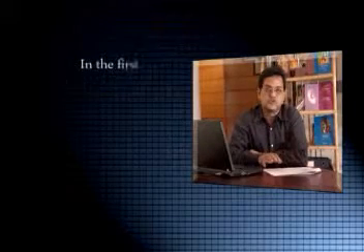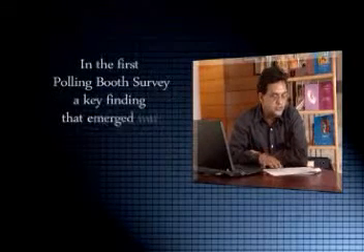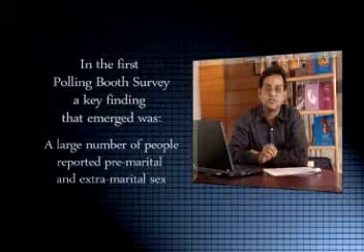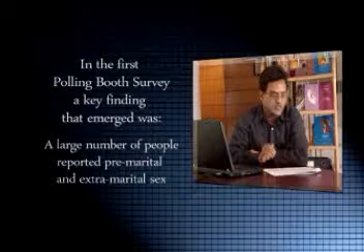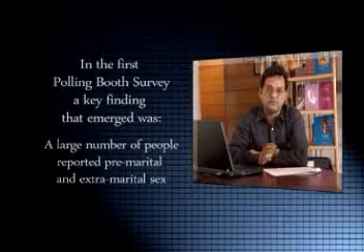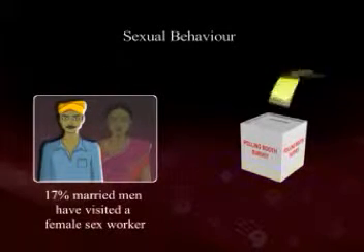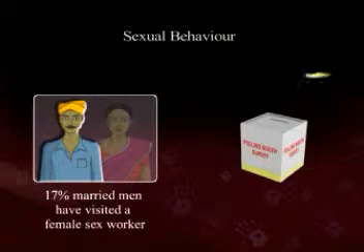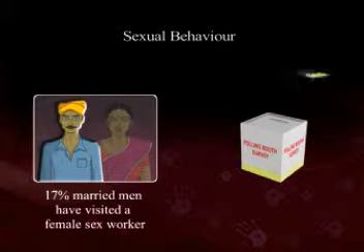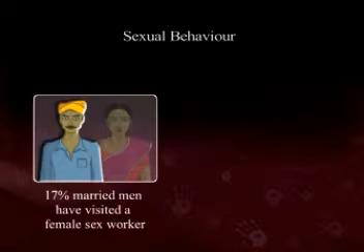In this polling booth survey, we saw that a substantially large proportion of people reported extra or premarital sex with the unmarried or married men. About 17% of married men reported that they have visited a female sex worker. So this shows that a large proportion of the people are engaging in some of these high-risk behaviors for HIV transmission.